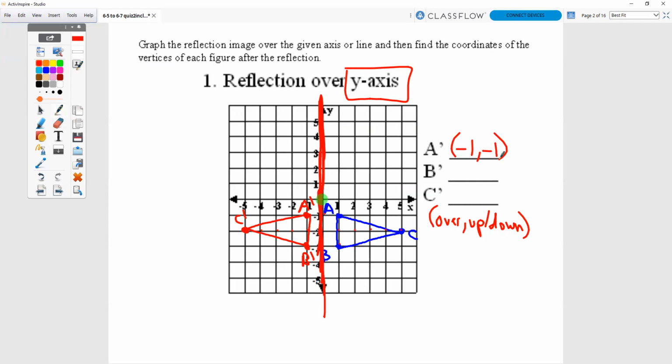Make sure when you write your coordinates, you have parentheses and a comma. B prime is over to -1, down to -3. C prime is over to -5, down to -2. So we graphed it, we labeled it with primes. Primes are the little apostrophe, and we wrote down the coordinates.